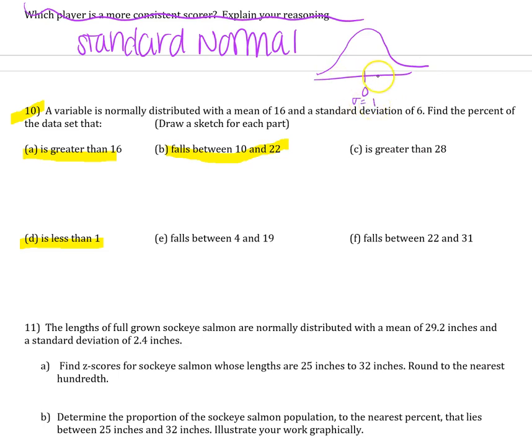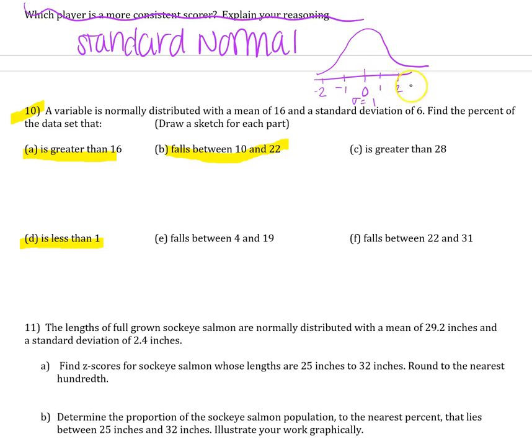Okay, in which case then along the bottom, each of these are what are called z-scores. So -1 would be a z-score, 1 would be a z-score, and that would tell you how far you are from the mean. So if you had a z-score of 2, you are 2 standard deviations above the mean. If you had a z-score of -1, you are 1 standard deviation below the mean.